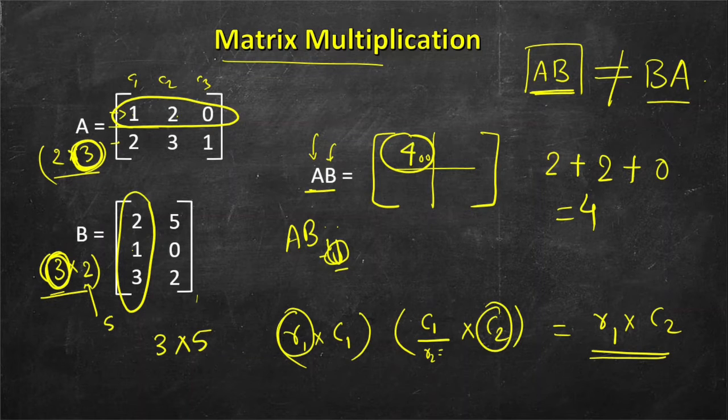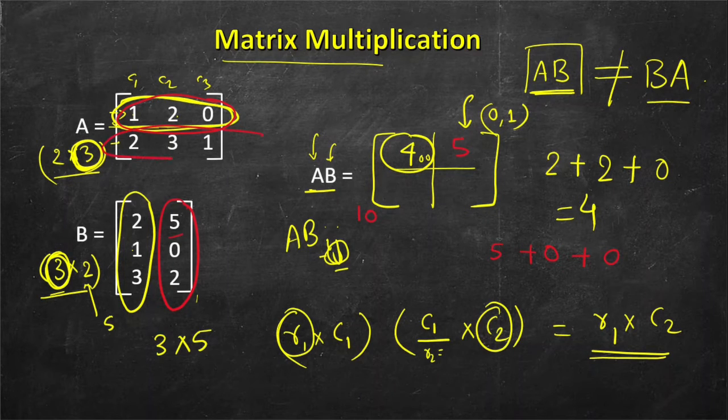So this value comes here. Now for this value, what is this index? Row number is 0, column number is 1. So pick 0th row from first matrix and first column, that is this red one. And again do dot product. So 1 multiplied by 5 is 5, plus 2 multiplied by 0 is 0, plus 0. So it's 5. Next, this one is 1, 0.